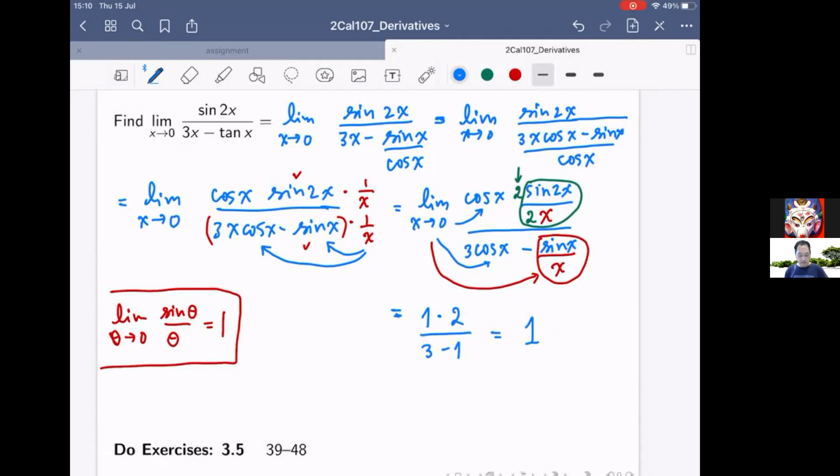We would like you to go over exercise 3.5, from number 39 to 48, by yourself.